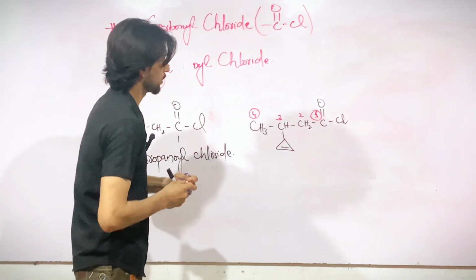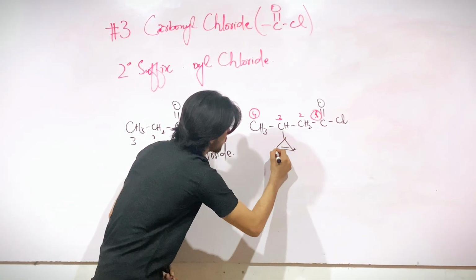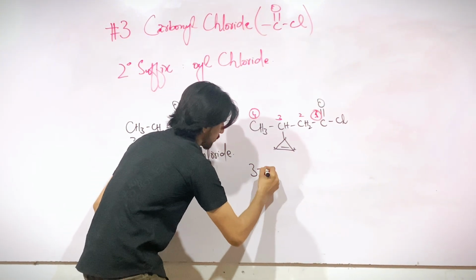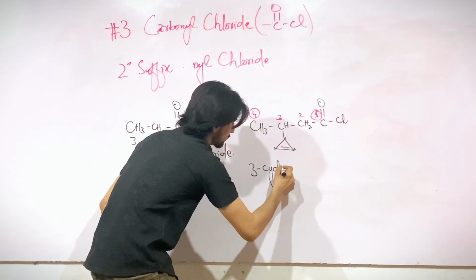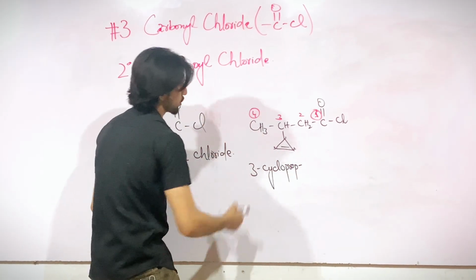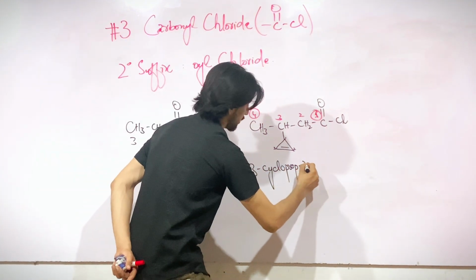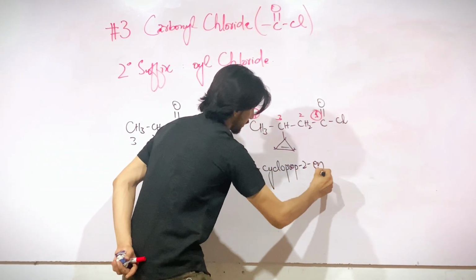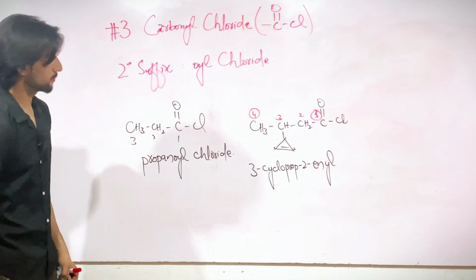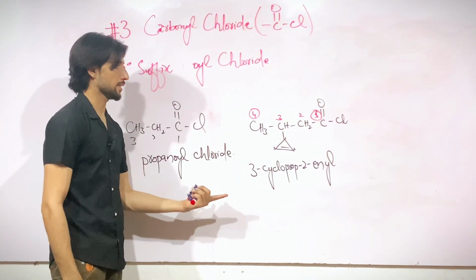So on carbon number 3, we have got a cycloalkene, 1, 2, 3, so cycloprop, and there is unsaturation in our substituent. So at carbon number 2 we have a double bond, so en, and yl is used for the alkyl group being attached as a substituent.